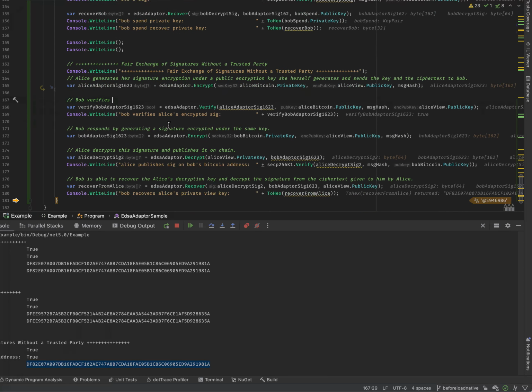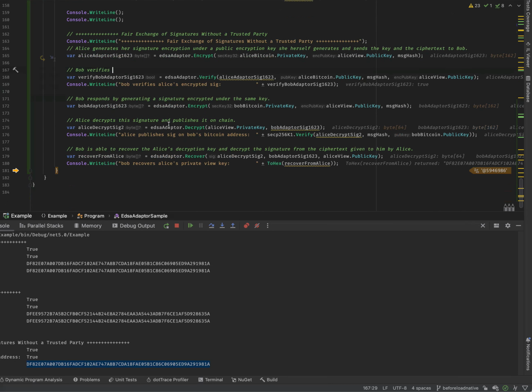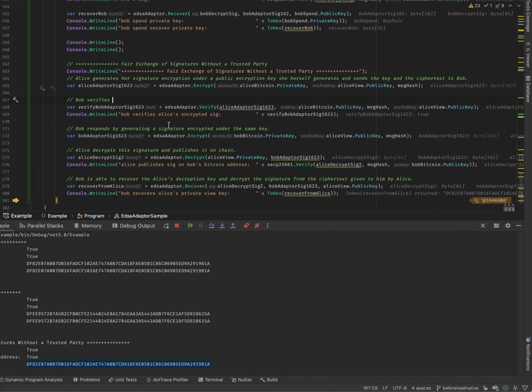So if we wanted to swap Monero to BTC, Monero to Cypher, or vice versa, we would obviously have to use the cross-chain DLEQ algorithm.